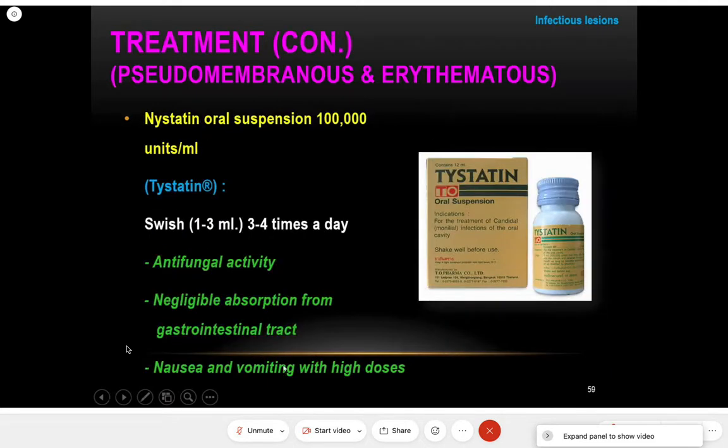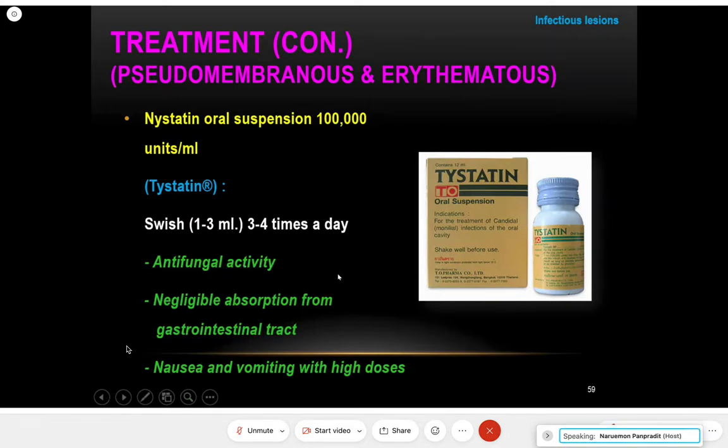Next, I will explain each drug and how to use it. The nystatin oral suspension: because it's a suspension, you need to ask the patient to shake it before using. They have a dropper to draw the medication, with a level of 1 ml. But each time, it's better to use 1 to 3 ml.